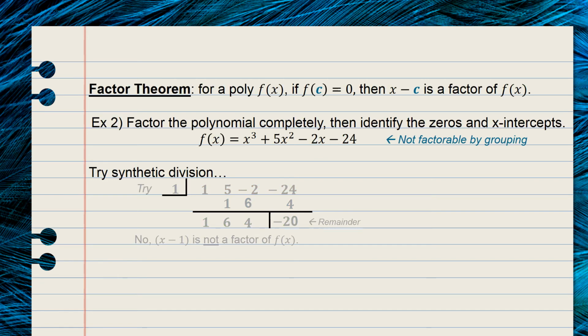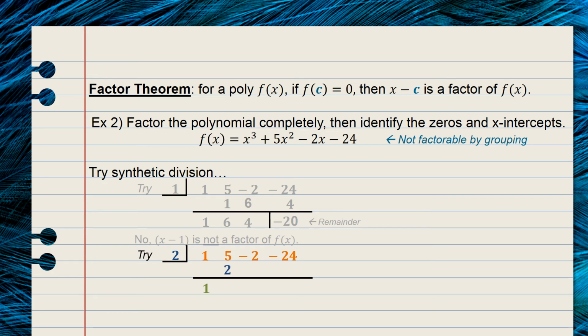So this time we're going to try 2, so we set the problem up all over again. We put the same coefficients of 1, 5, -2, and -24. We set up the corner, and this time we're going to try a value of 2. Now to do synthetic, we bring the first value down, and now we do our little dance.